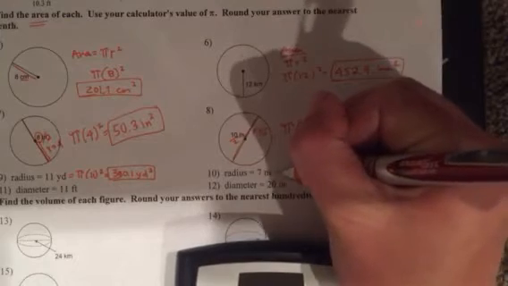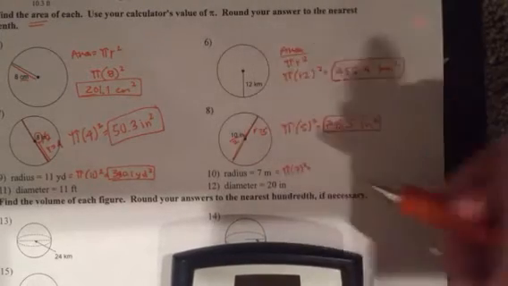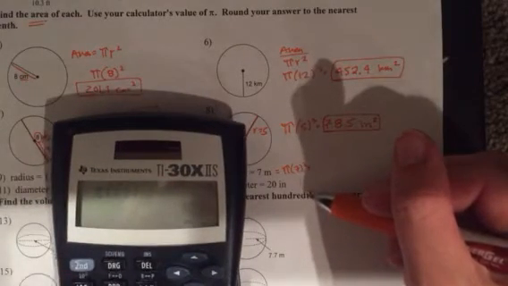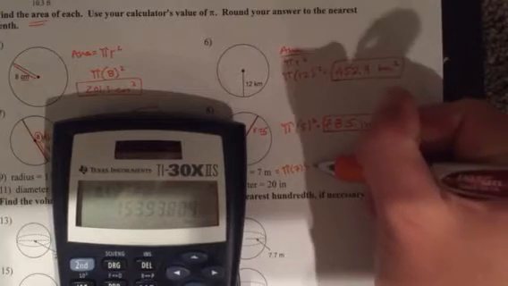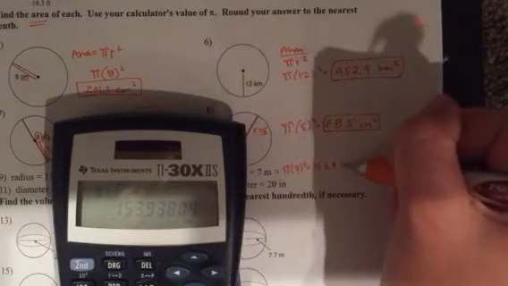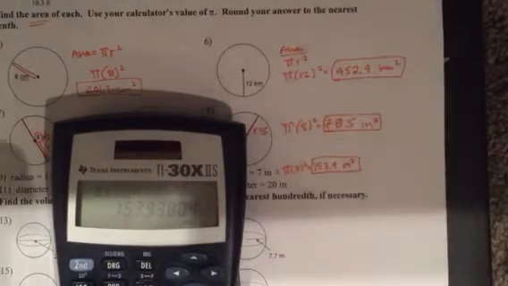Our radius is 7. Pi times 7 squared equals 153.9 meters squared for our area of that circle.